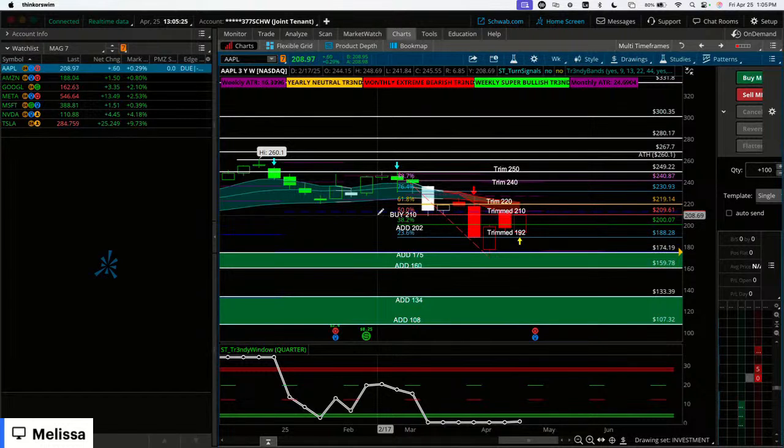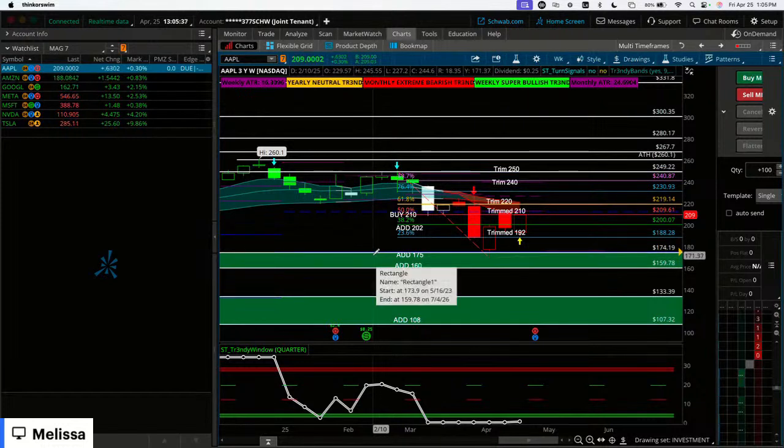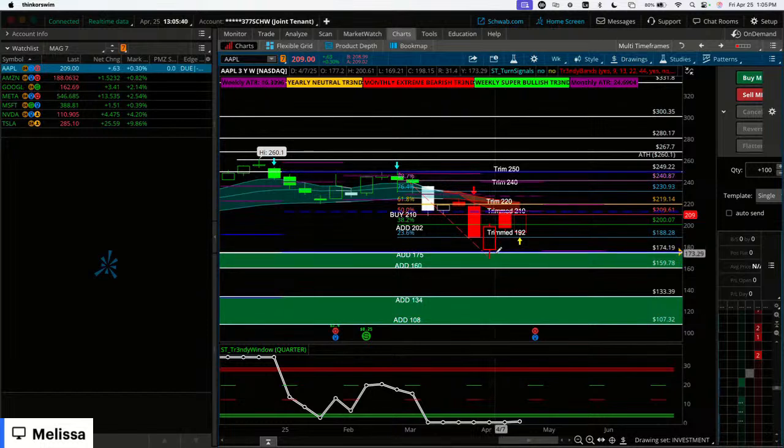So for Apple, my first buy this year was at $210. Then I added some at 202, 175.